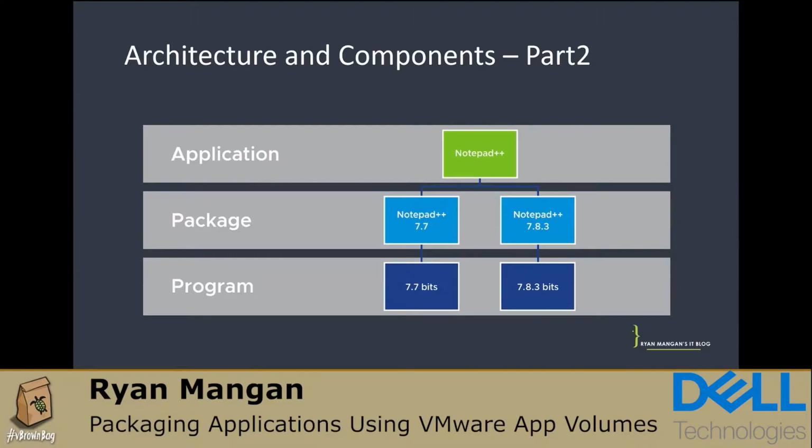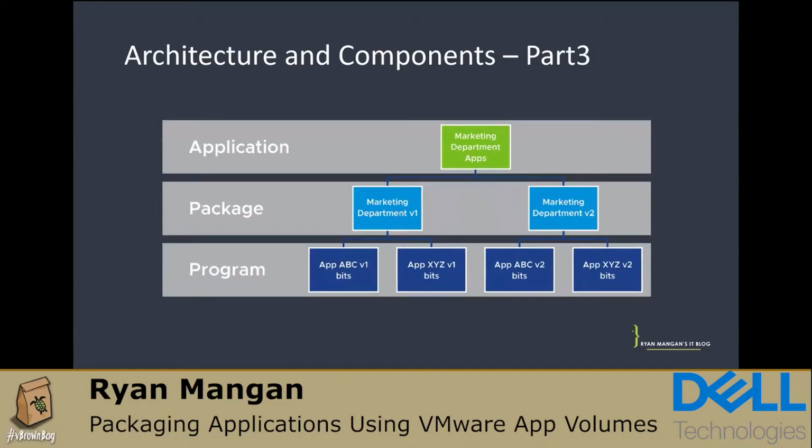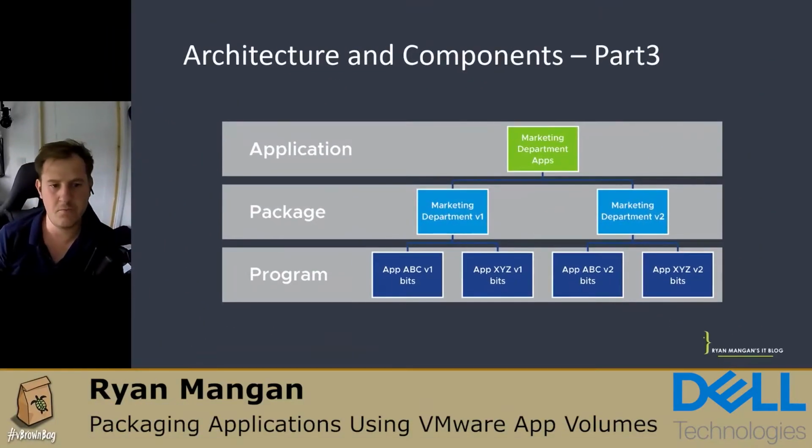At a more granular level, we could have, for example, a marketing department as the application, with a divide between department V2 and V1, and then the different versions of that application split out. That's effectively how the packaging of App Volumes works. It's just how it structures it.